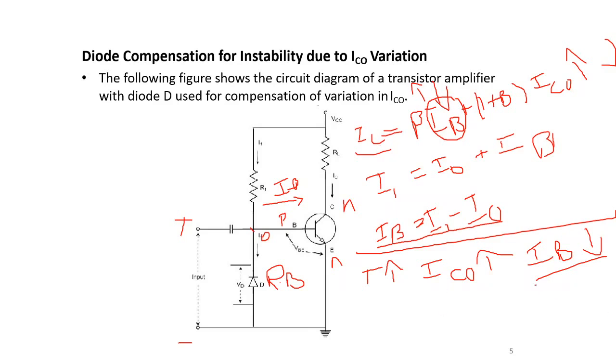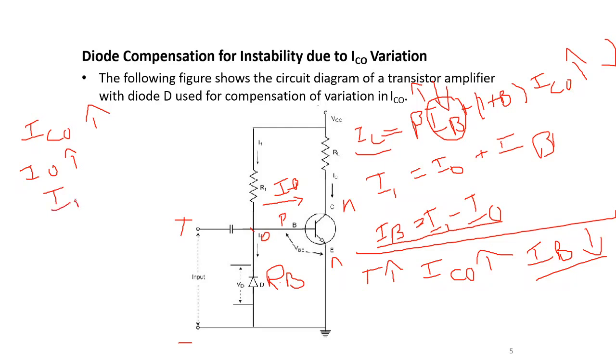So we will analyze the scenario in this case. Whenever the temperature has been increased, ICO is going to increase, right? And the diode current I0 is also going to increase. So both are increasing in this case. Observe what happens to the IB current.